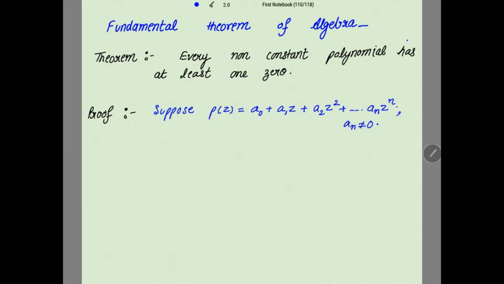What we have to prove is that it has at least one zero, that means at least one root, a value for which P(z) vanishes, right?